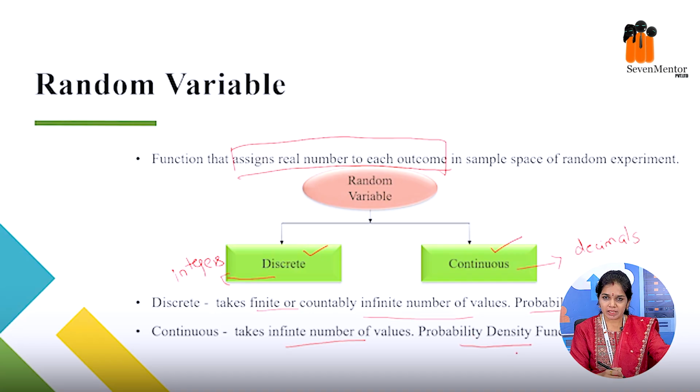Just remember these concepts because going forward you will understand how discrete and continuous are important. As the variable is, the functions, the distribution and the tests will be accordingly different for discrete and continuous.